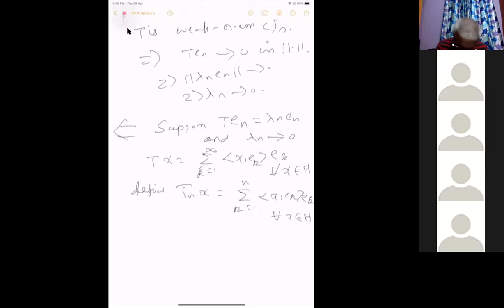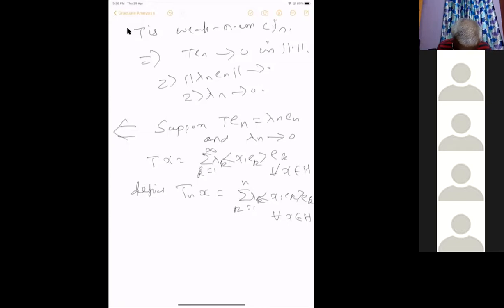Sorry, there is a lambda_k here; you should tell me when I make mistakes. This is a well defined operator. T_n is also a diagonal operator with eigenvalues lambda_1 up to lambda_n, and after that it is 0.